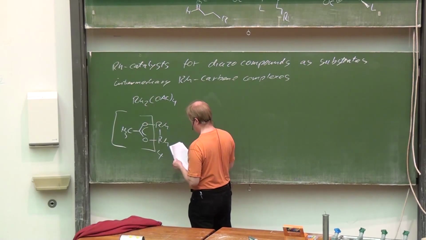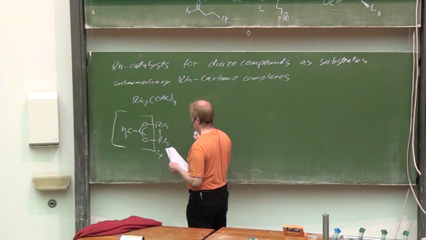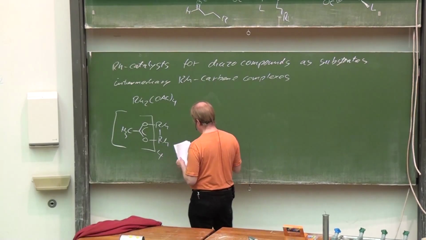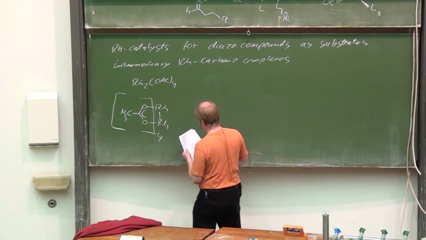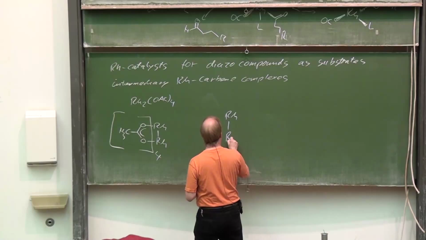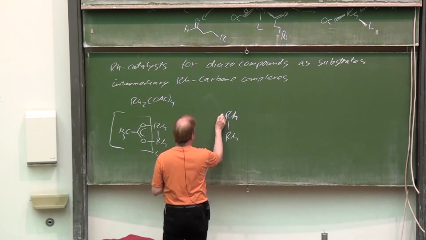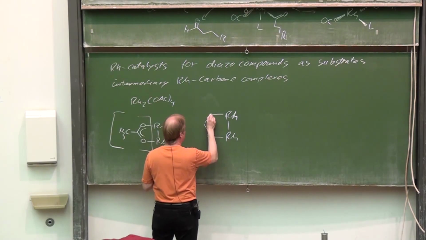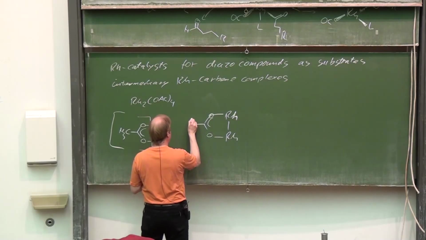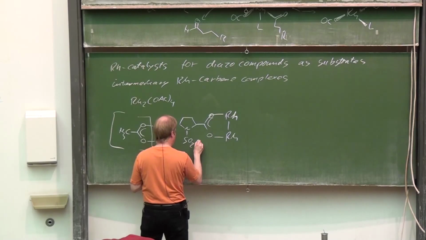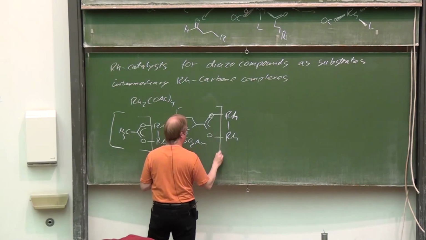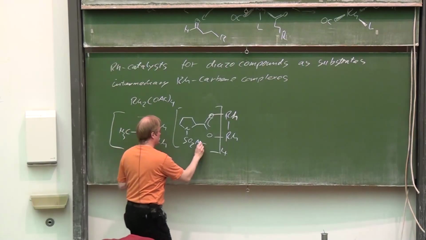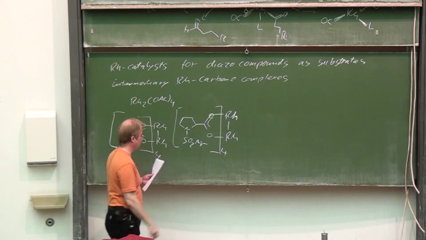The chiral, well, there are quite a lot of chiral rhodium complexes, somewhat similar. One of the most important is this one. A sulfone amide group.